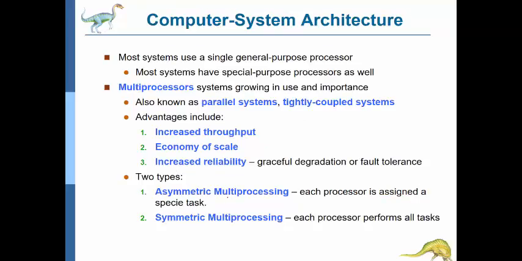Computer system architecture: most systems use a single general purpose processor, or multiprocessor. Currently multiprocessor is very, very common. Although you have one printed chip, it might have multiple processors printed together. It is called dual processor or quad processor, which means physically there is one piece, but printed for more than one capability.